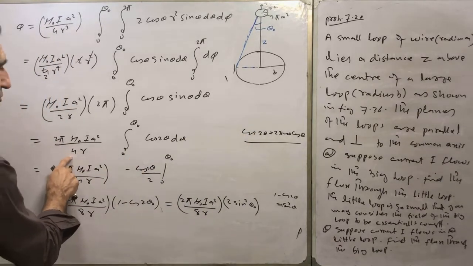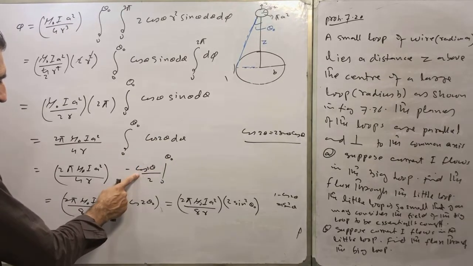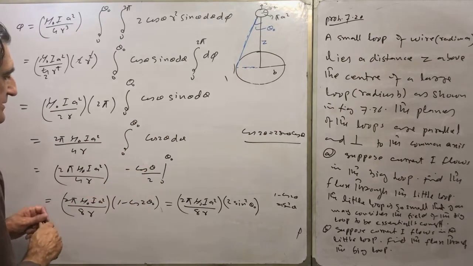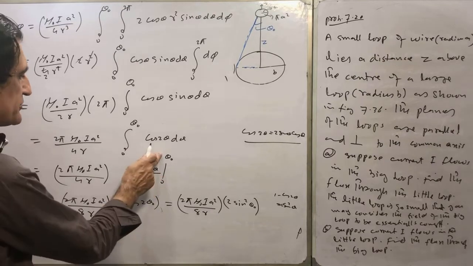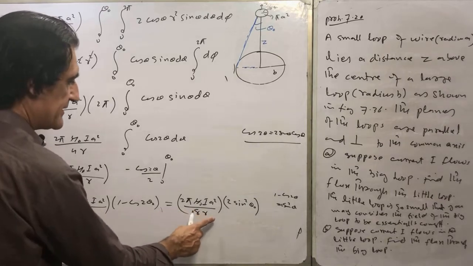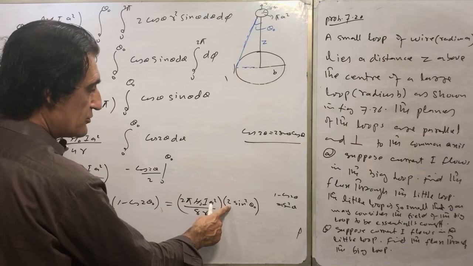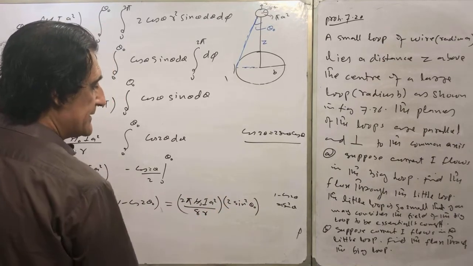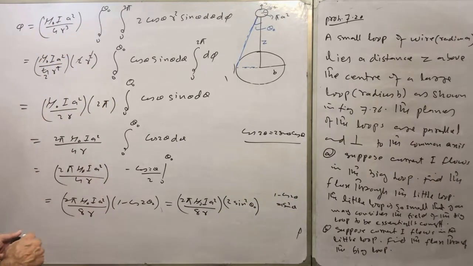So we will have a 2 here, 0 to theta naught of sine 2 theta; the integration of this gives minus cosine 2 theta divided by 2, from 0 to theta naught. Then we have 1 minus cosine 2 theta naught, which is equal to 2 sine square theta naught, because 1 minus cosine 2 theta is equal to 2 sine square theta.